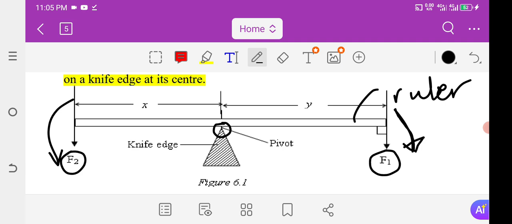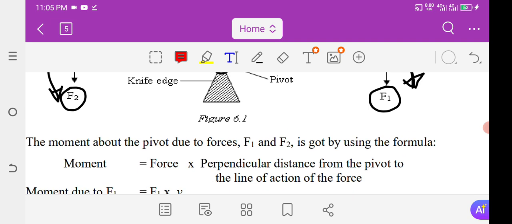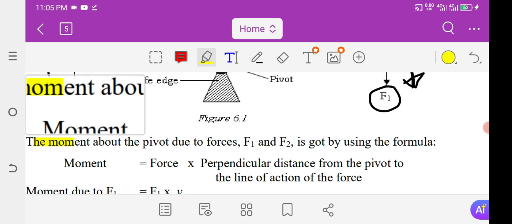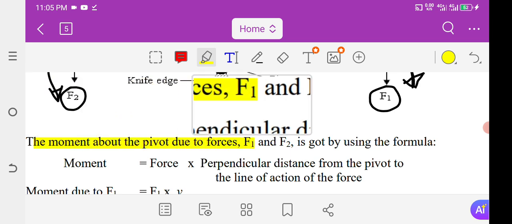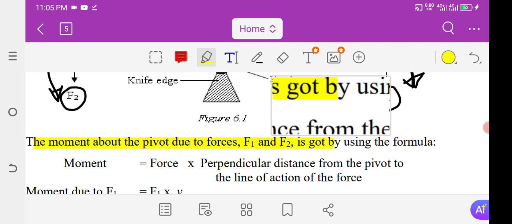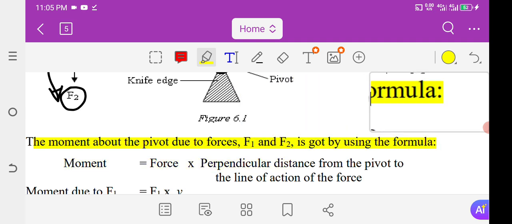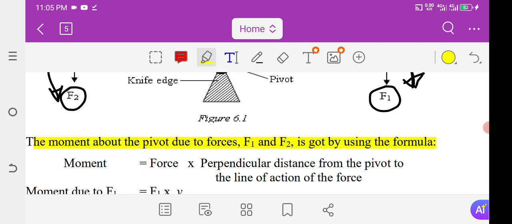If the force F2 is exerted, the ruler is going to turn in the anti-clockwise direction. So the moment about the pivot, in reference to the diagram, due to forces F1 and F2 is obtained by using the following formula.